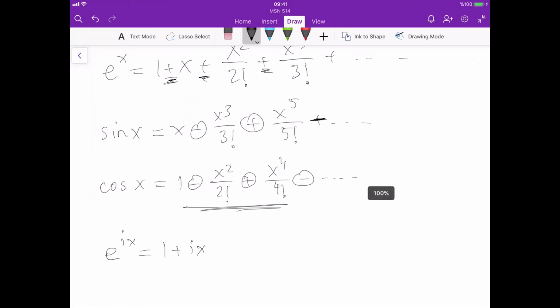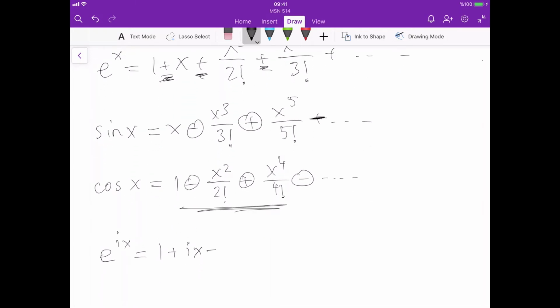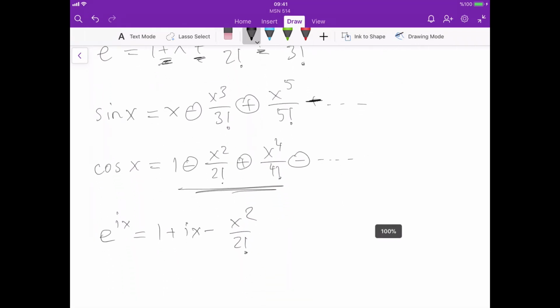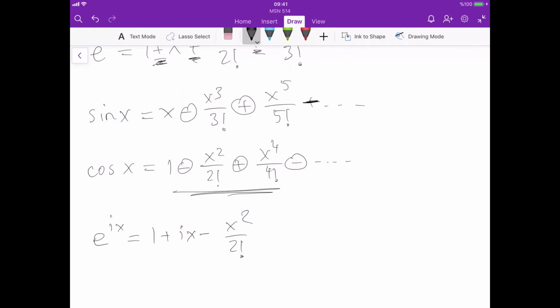And then minus x squared over 2 factorial. Are you with me? Yes? Then what's the next term? Minus i x cubed over 3 factorial. And it goes on like this.